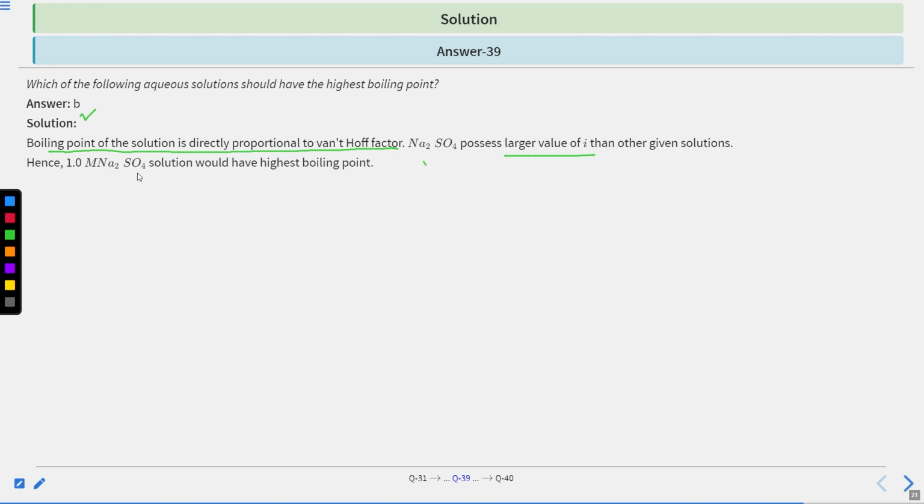Hence, 1 molar Na2SO4 solution would have the highest boiling point. As i is directly related to the boiling point of the solution, higher i means higher boiling point. Hence, option B is the correct answer.